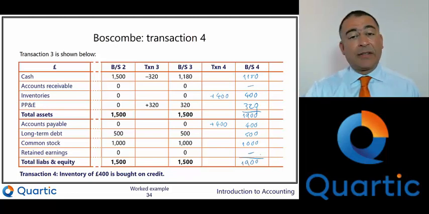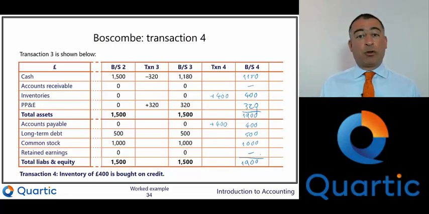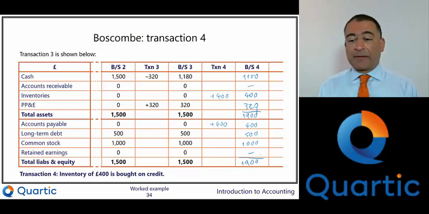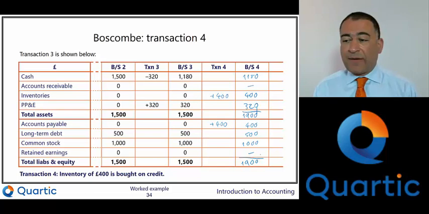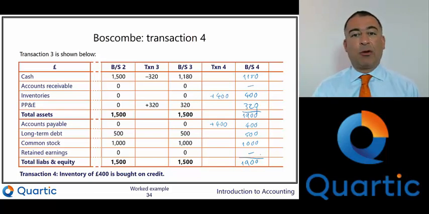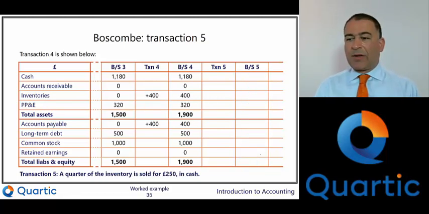So the balance sheet still balances, and you can see that, in fact, it's grown a bit by buying some inventory on credit. We've actually increased the total assets and increased the liabilities and equity. So there's our balance sheet number 4.